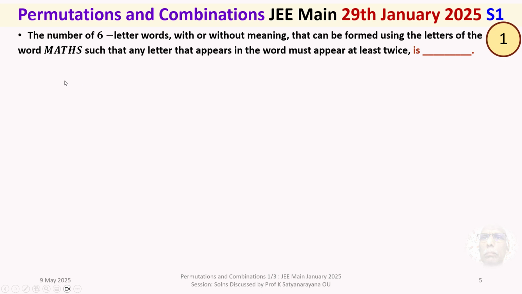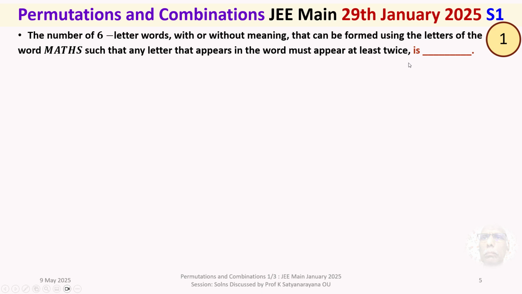I will read the problem once again. The number of 6-letter words with or without meaning that can be formed using the letters of the word MATHS such that any letter that appears in the word must appear at least twice.